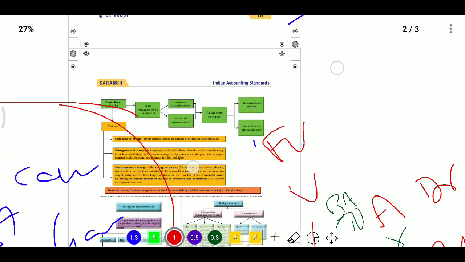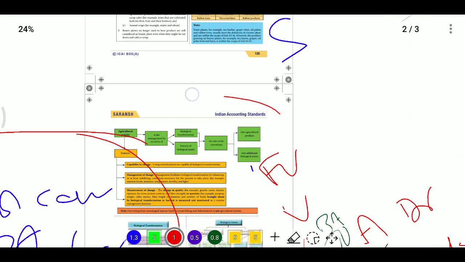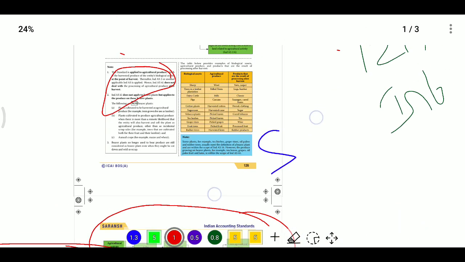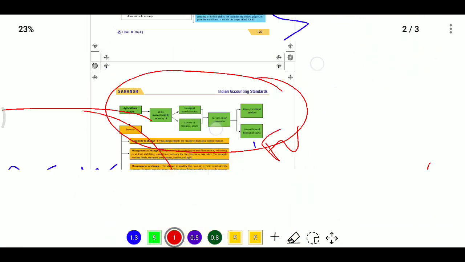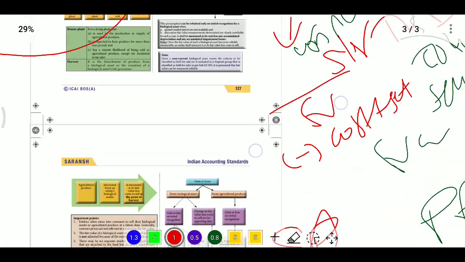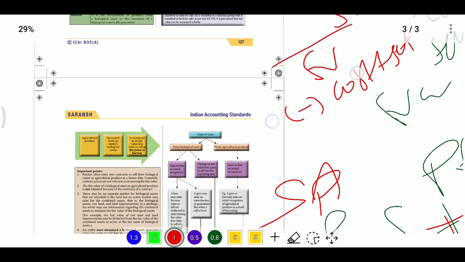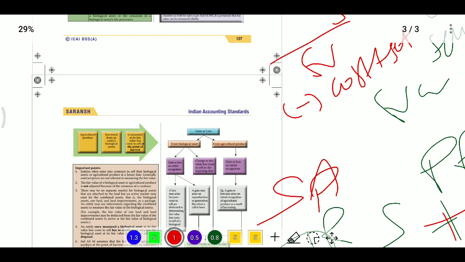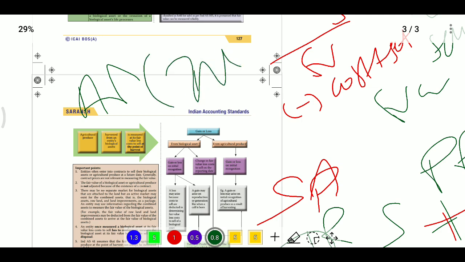Whenever we are converting, a biological transformation has happened. On conversion, we need to recognize the agriculture produce, which simply is known as inventory account, debited, and credit the biological asset, as we need to de-recognize the biological asset.